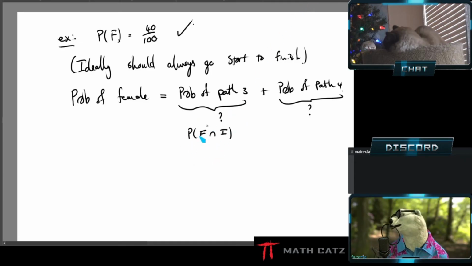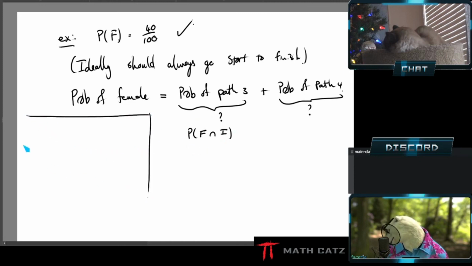How do I find this probability? Well, if I go on the side here and remember the definition of a conditional probability we've seen a couple of times now, call it the definition, call it the formula, whatever you want, it's the intersection of the two over the probability of the given one. Now I could swap these around, right?